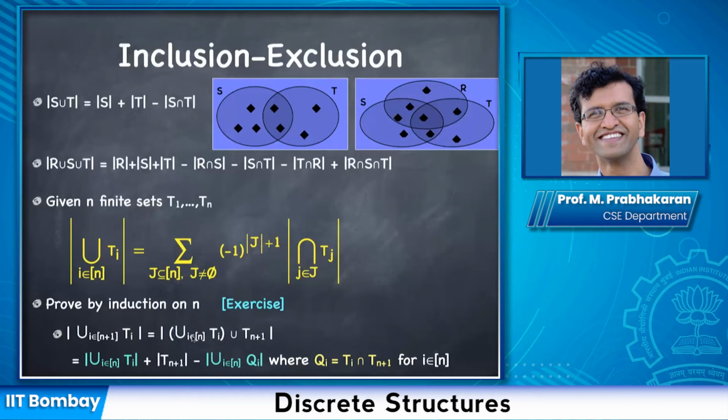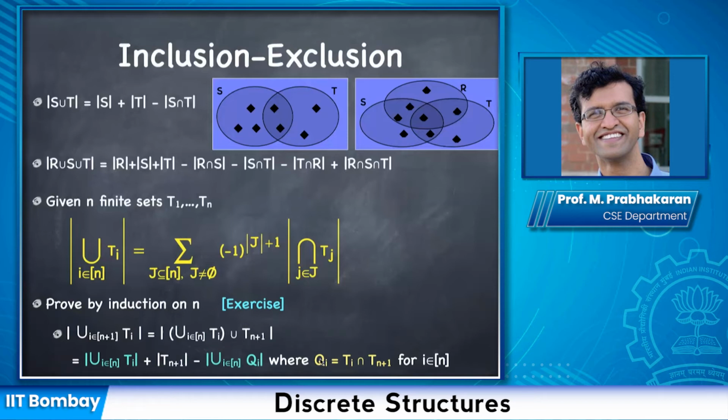You write it as the size of these n sets plus size of this 1 set minus the size of the intersection of these 2 sets. But the intersection of these 2 sets can be written as, using say the distributive property of intersection over union, the union of several sets of the form ti intersection tn plus 1.